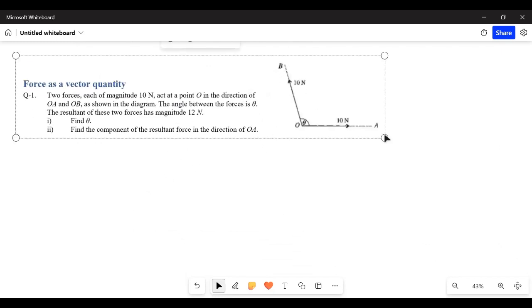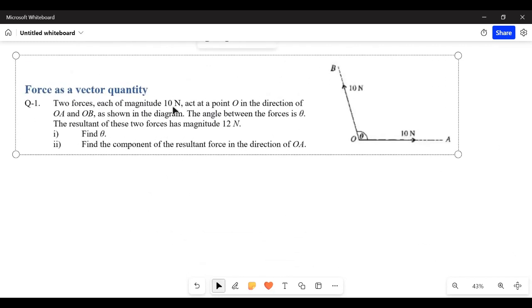Two forces of magnitude 10 Newton act at a point O. Okay, so here's a 10 Newton force acting on a point O, and here's the other 10 Newton force acting at point O, in the direction of OA and OB as shown in the diagram.